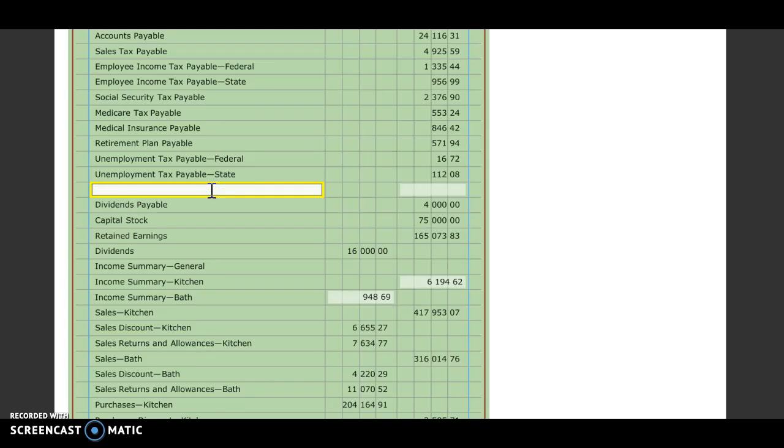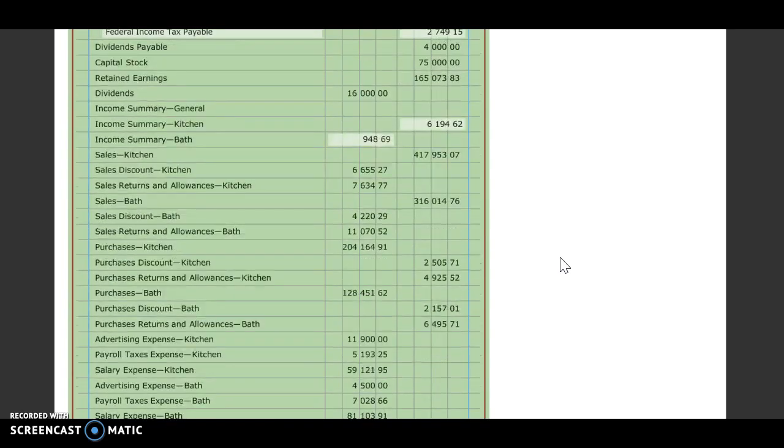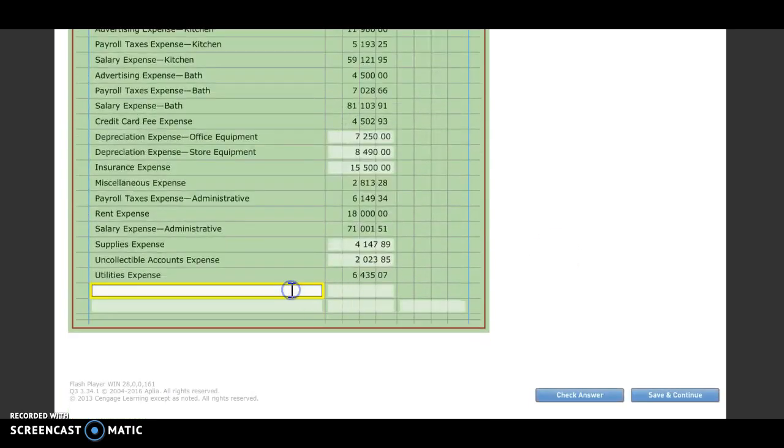So federal income tax payable. And the new balance is $2,749.15. Okay, and then our last one is going to be our federal income tax expense with the updated balance of $14,749.15.